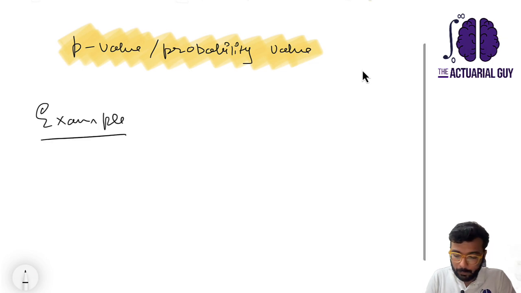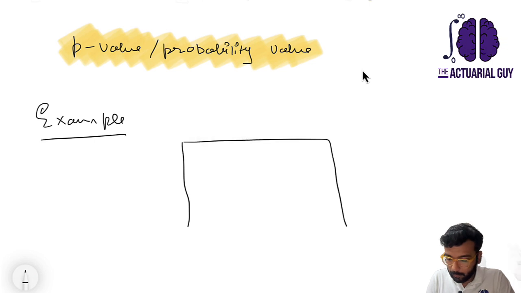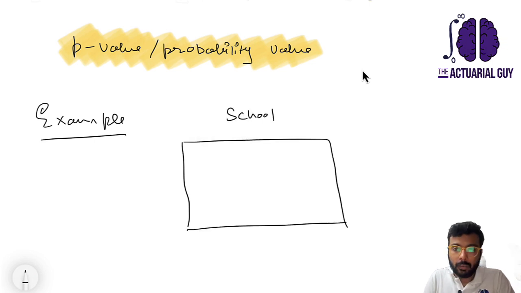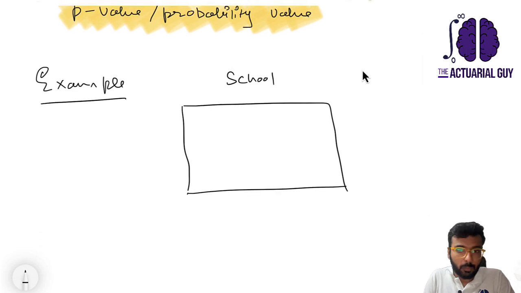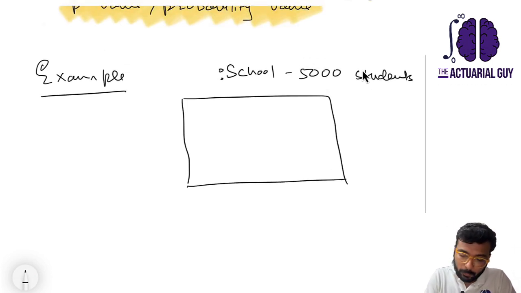Okay, let's say there is a school or a university. Okay, let's start with a school. Now, let's say there are a total of 5,000 students, right? And what you want to do ultimately is you want to test a hypothesis for this population. So this is my population.